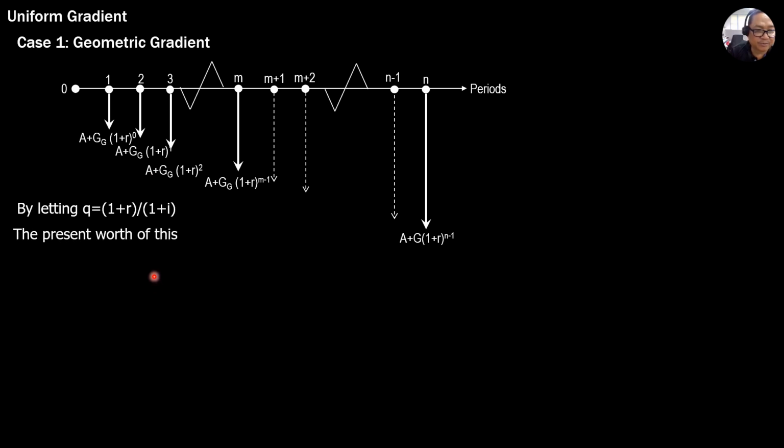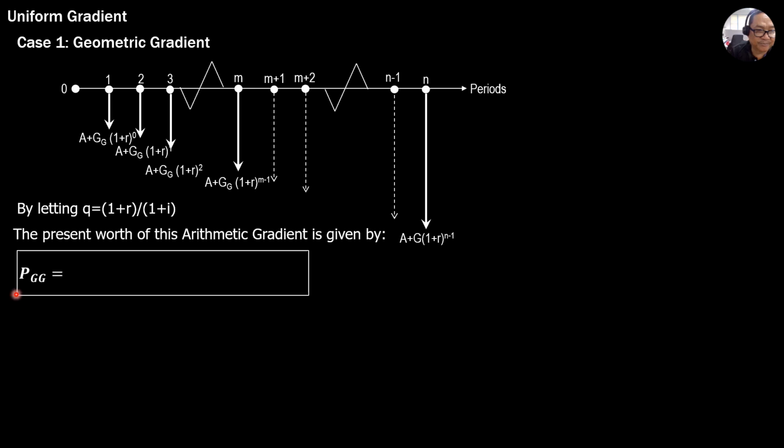So the present worth of this geometric gradient is given by, and again, we will derive this on the next slide. So P sub GG is the present worth of this uniform payments, which is annuity A. And where this is A, the present worth of annuity A, then quantity 1 minus 1 plus I to the negative n over I. Present worth of A uniform, right?